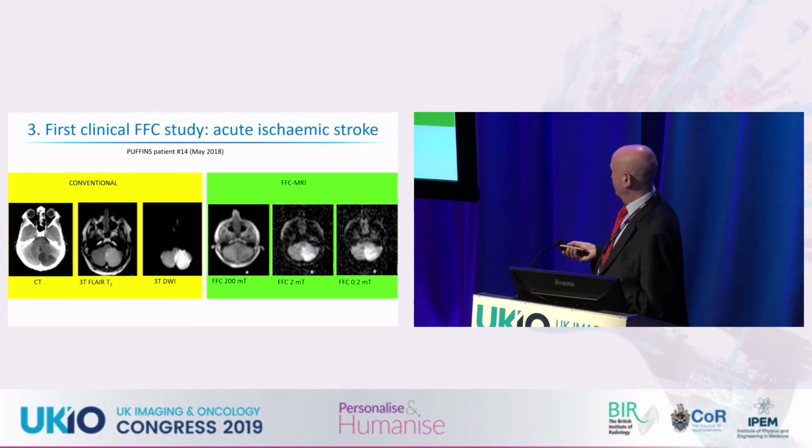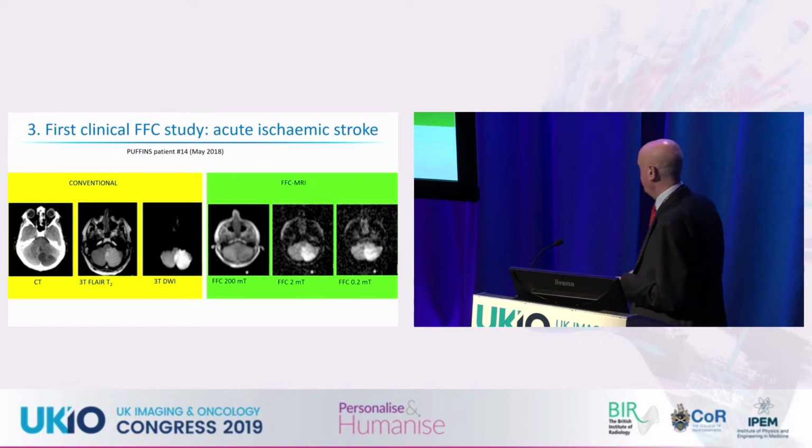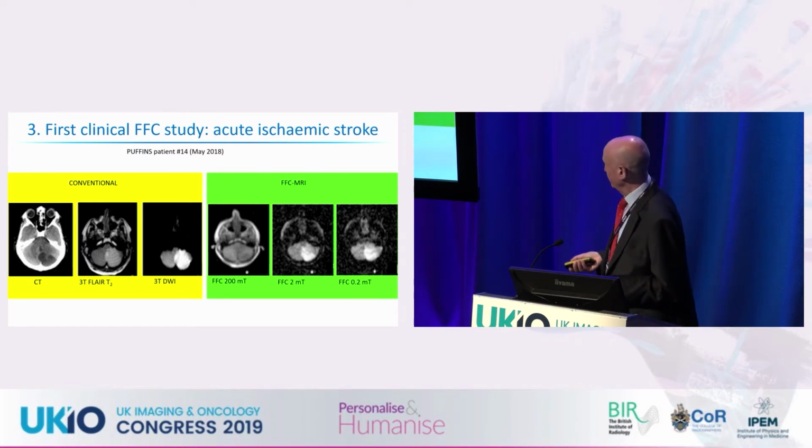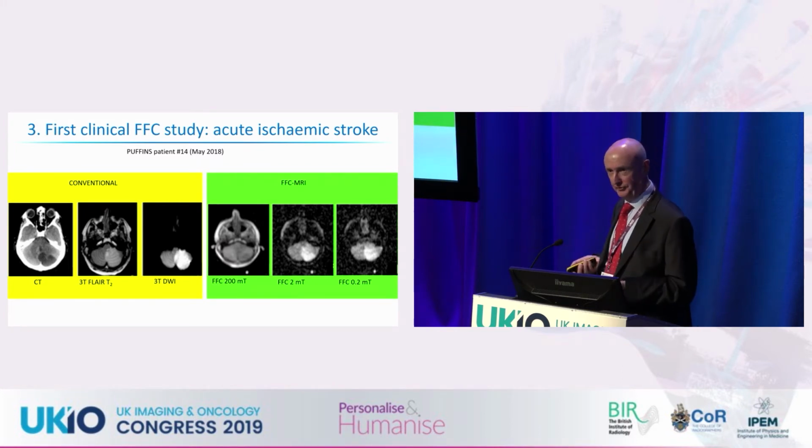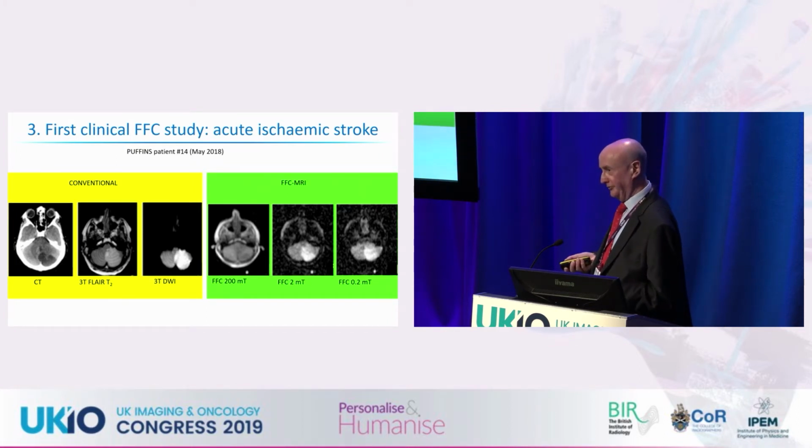You might say, well, okay, the stroke is already being detected by 3 Tesla MRI. Why do you need a new method? There are some answers to that question. First of all, 3 Tesla MRI is not done routinely in stroke patients for a number of reasons. One is the availability of MRI.